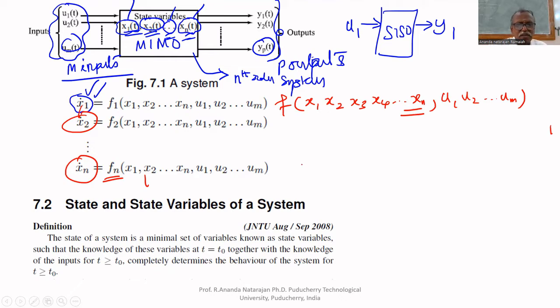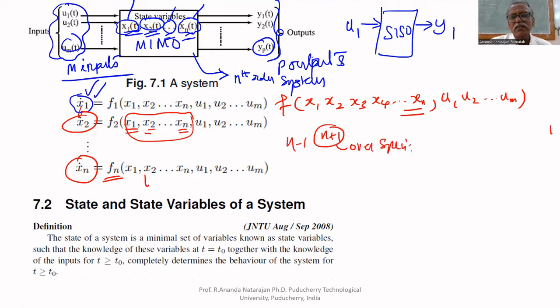Prime variables, x1, x2, etc., xn, like that, you will get prime variables. If you find n plus 1, it is not prime. With n minus 1, it is not completely specified. This is over specified, and this is under specified. So you have to take n state variables.